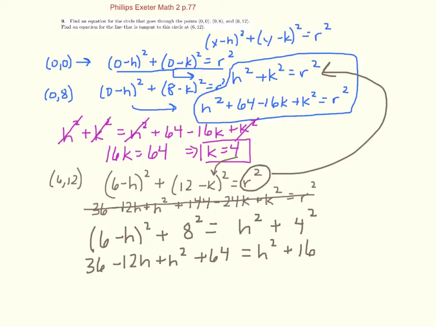What happens to the h squareds? They cancel out. And I'm just going to do some quick algebra here. You'd end up with a negative 12h equals negative 84. So what would h equal? And you should already know this from before. 7. And now you have your center point.